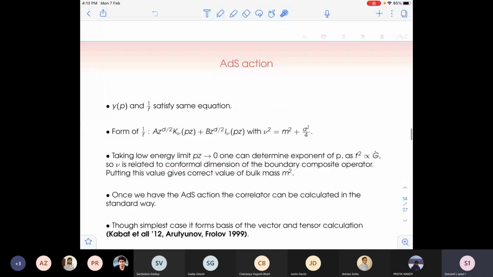Now what you know is you are starting from the boundary theory. As 1 by f was related to g dot, you know what should be the form of 1 by f. Fix the nu, and then you can find the m squared. It should match with whatever the AdS/CFT correspondence predicts. Okay.